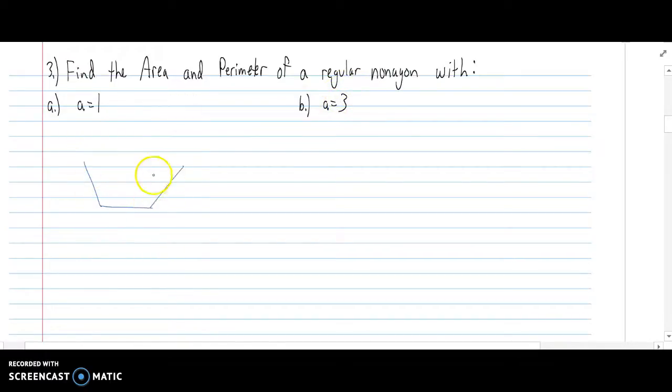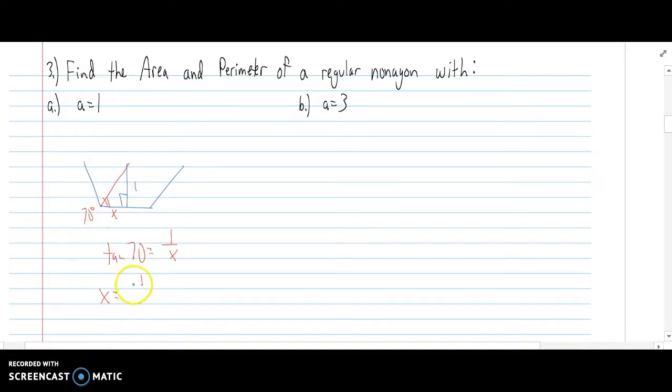This time, we have an apothem equal to 1. So we will draw in that segment. In a regular nonagon, the sum of the interior angles is 1,260. Divide that by 9, so each angle is 140 degrees. When we draw on this radius, we bisect it to make that equal to 70 degrees. The tangent of 70 is equal to opposite over adjacent, so 1 over x; multiply by x, divide by the tangent of 70.